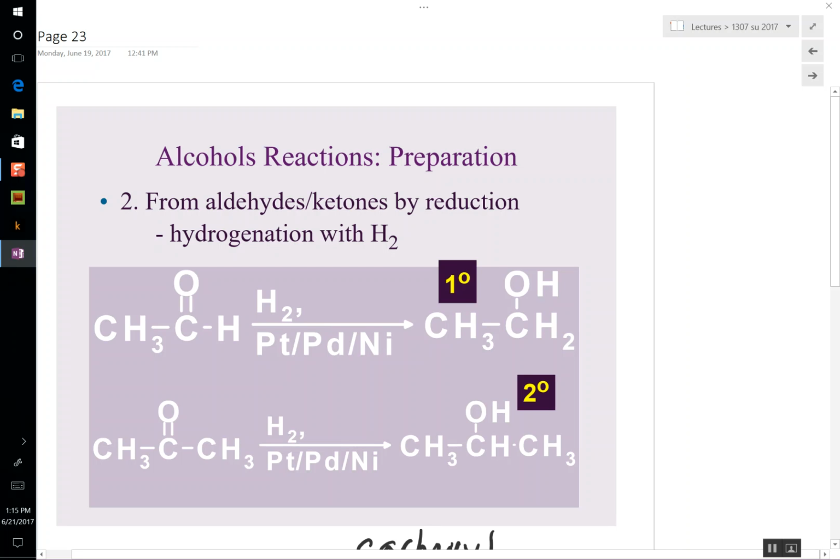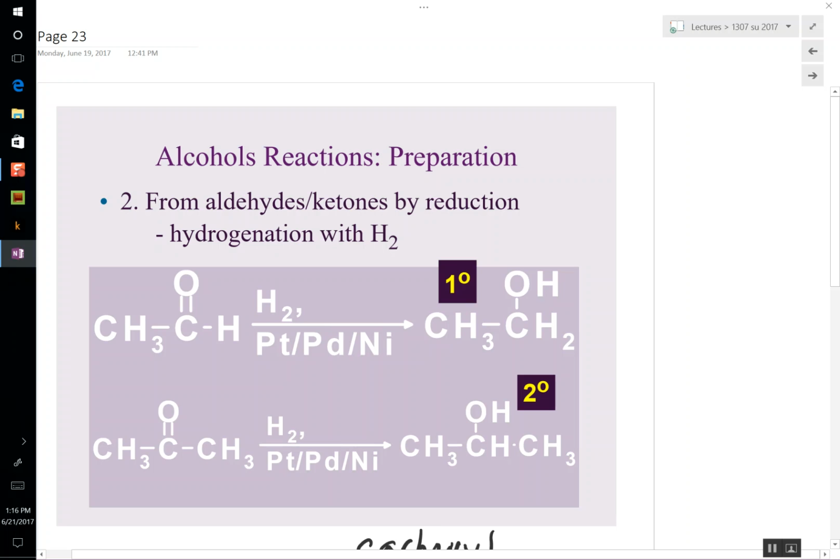Here's what you need to also carry along as you learn this. The carbon-oxygen double bond is on the end of the molecule. We're going to add a hydrogen right there. So what does that mean? We're going to put a hydrogen there and another hydrogen here. So where does that OH end up?